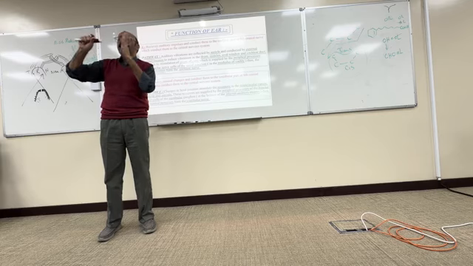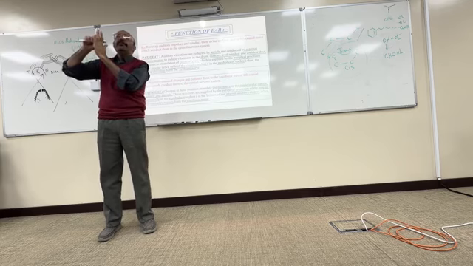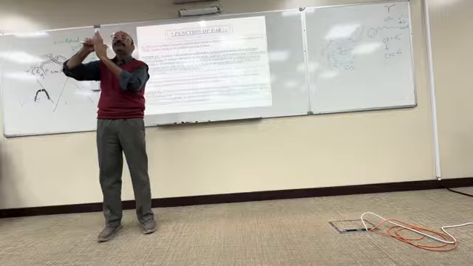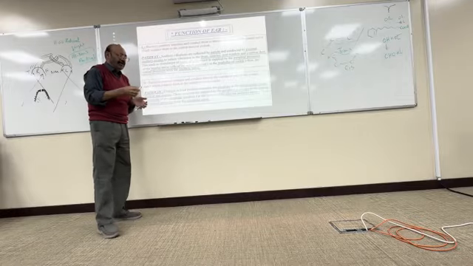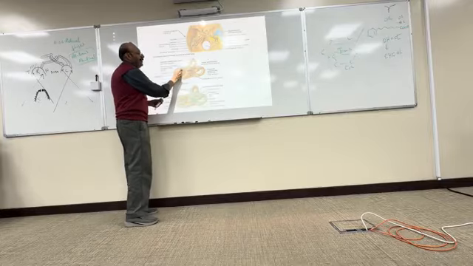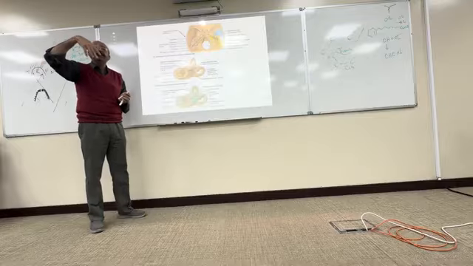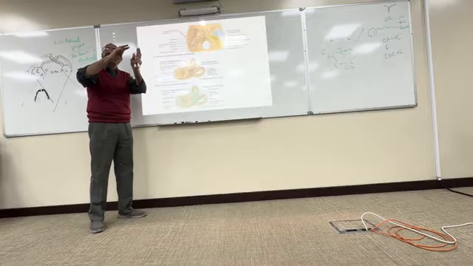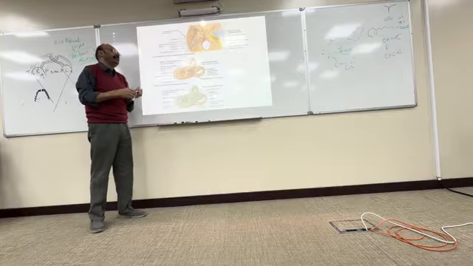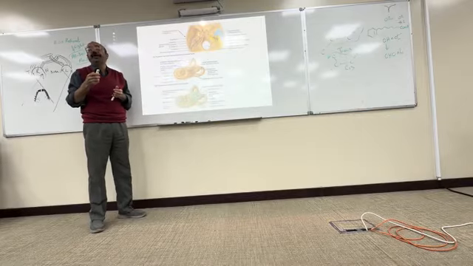Malleus, incus, and stapes will stimulate the perilymph. Perilymph will stimulate the endolymph. Endolymph will stimulate the cochlea, which has some hair cells. You will know in the histology. These hair cells are stimulated, and the cochlear nerve is stimulated, and you ultimately form hearing with the cochlea. This is the pathway of hearing.